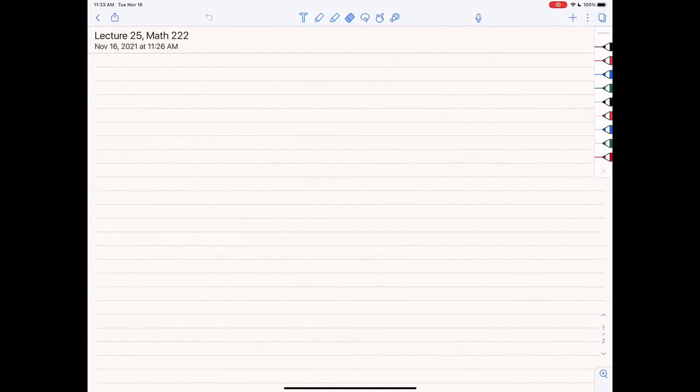So I do want to make one correction. There was nothing wrong with the formulas that were written down last time, but I said something that was not correct.